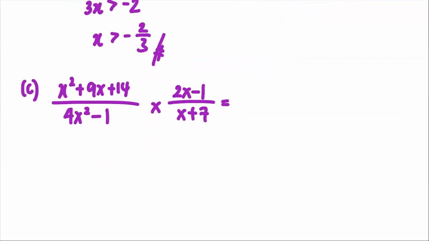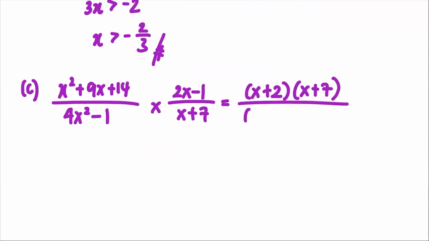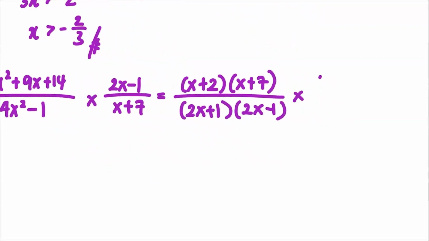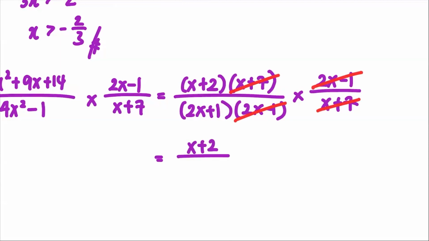We're going to break down the quadratic and we get (x plus 2)(x plus 7), divided by (2x plus 1)(2x minus 1), multiplied by (2x minus 1) over (x plus 7). And then we can cancel. So bye-bye, bye-bye. Final answer, (x plus 2) over (2x plus 1).